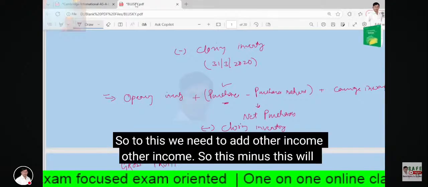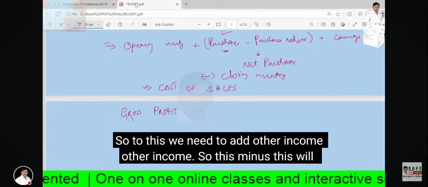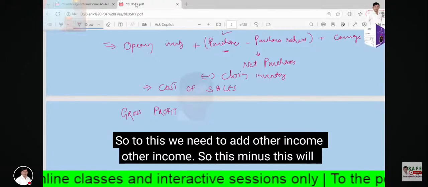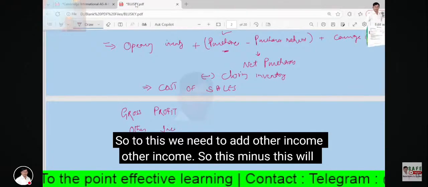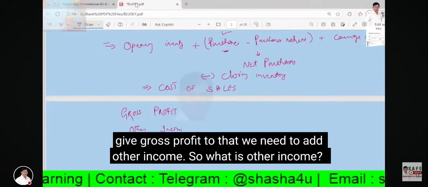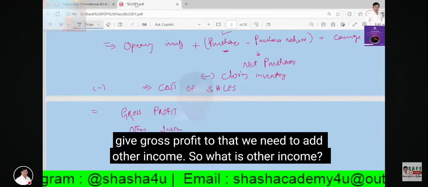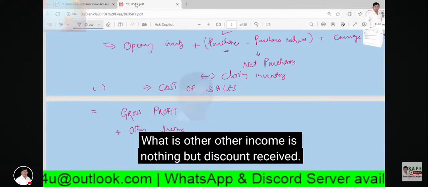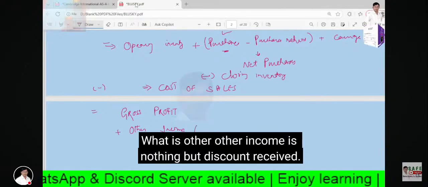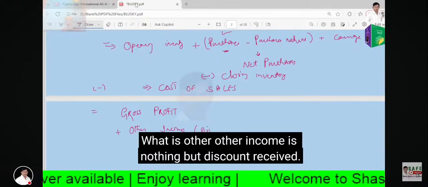To gross profit, we need to add other income. What is other income? It is nothing but discount received.